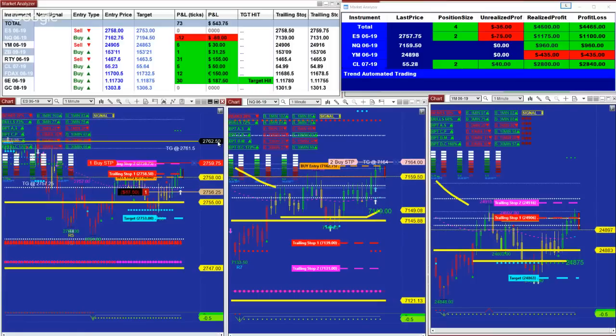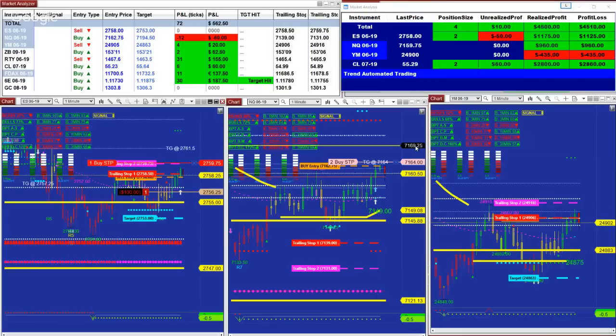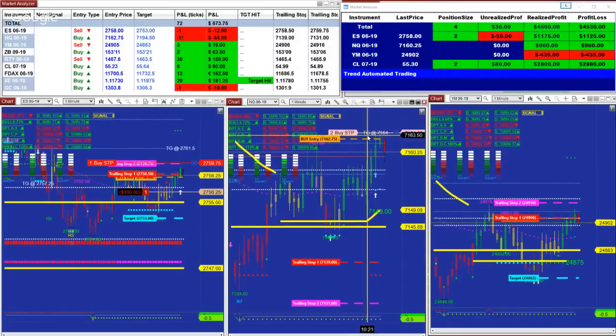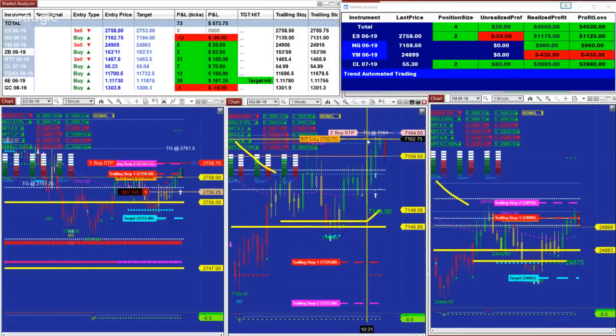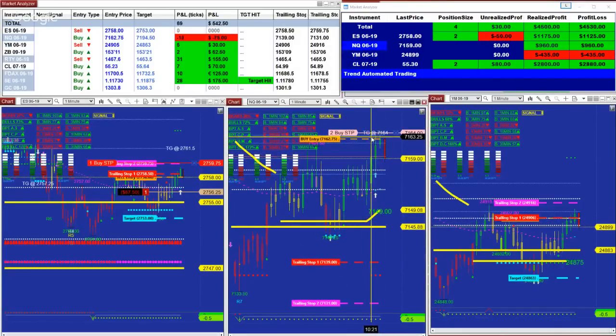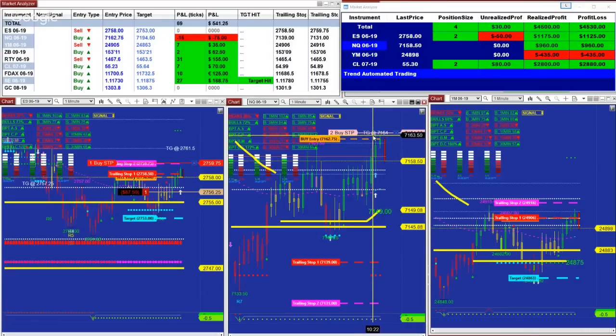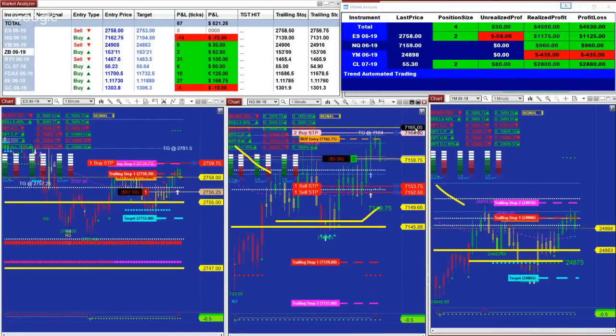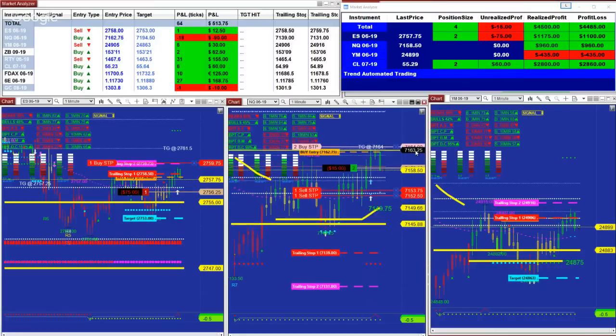Okay, let's see. The problem is, one of the things when an auto trade is taking a trade is following the signal. But for the ones that are not familiar with our system, we have a resistance line a couple of ticks above.